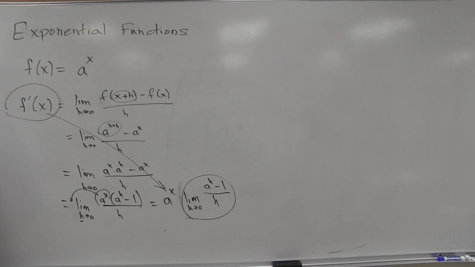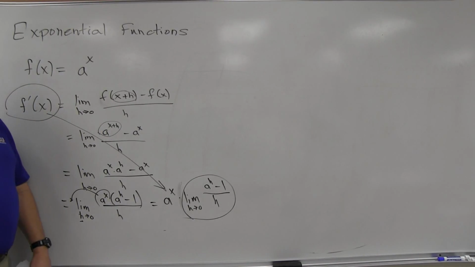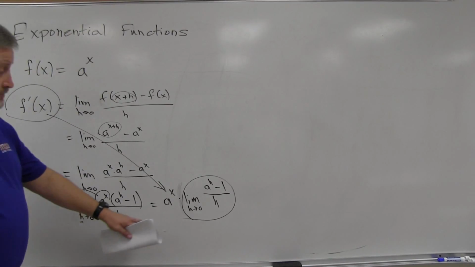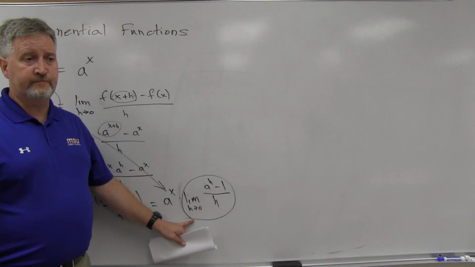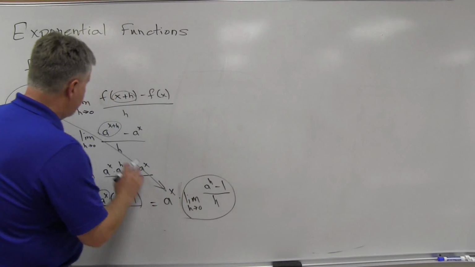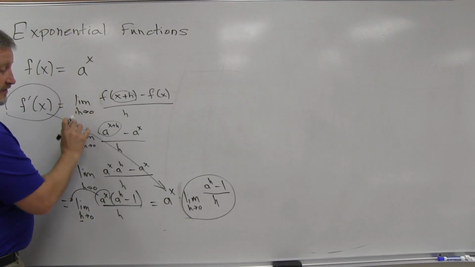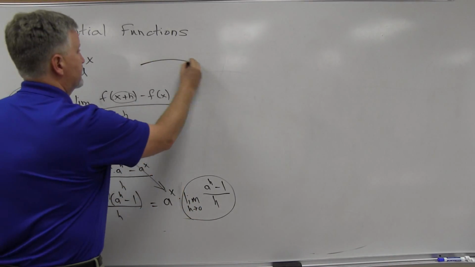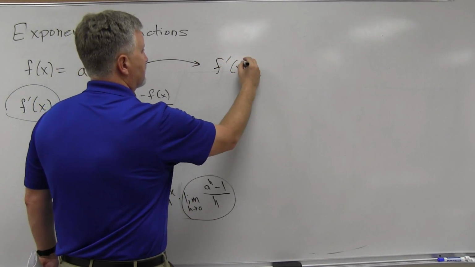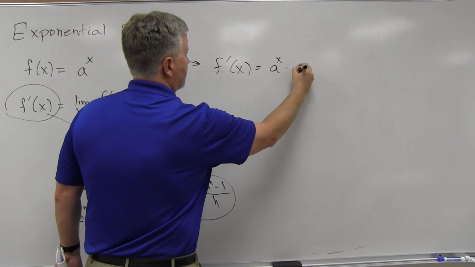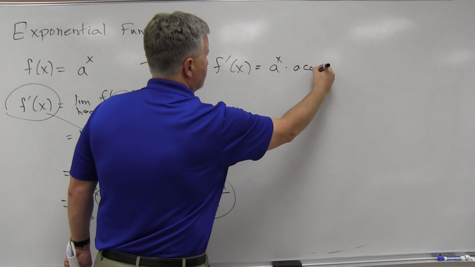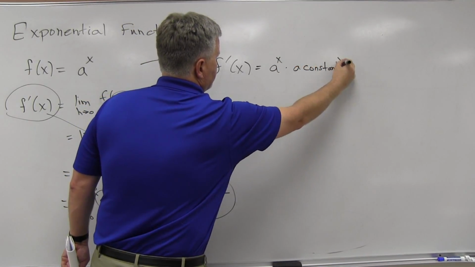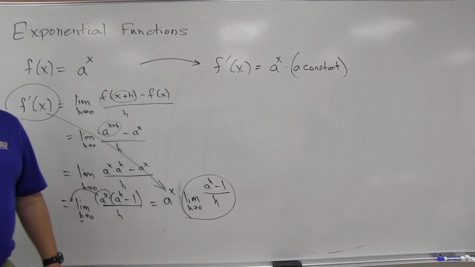After we do something more in just a second, I'll say more about what that is. But basically, the derivative of a to the x is itself times a constant. That's what we'll say right now, okay?